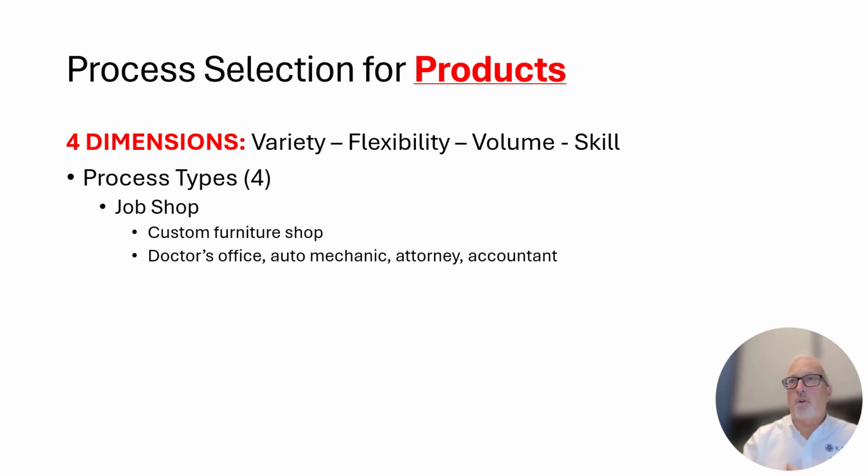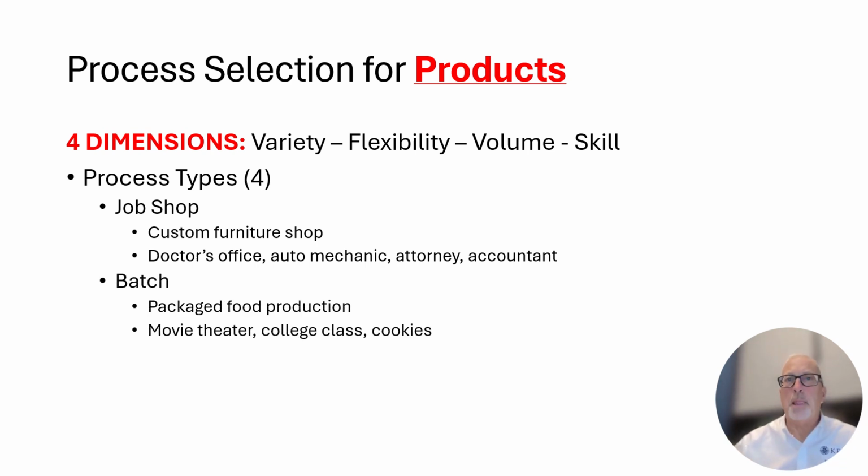So lots of variety, lots of flexibility. I need to have a chair built, or a table built, or a desk built. Volume is very low, but the skill of the person doing it has to be really high. They have to be a trained furniture maker, a trained doctor, a trained auto mechanic, and so forth.